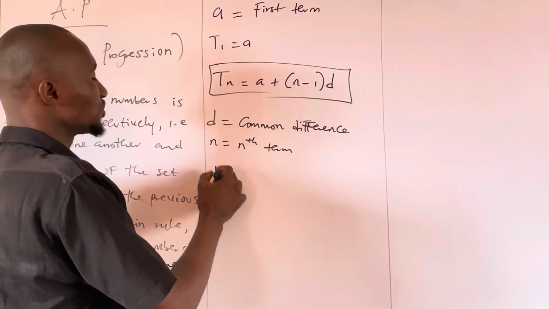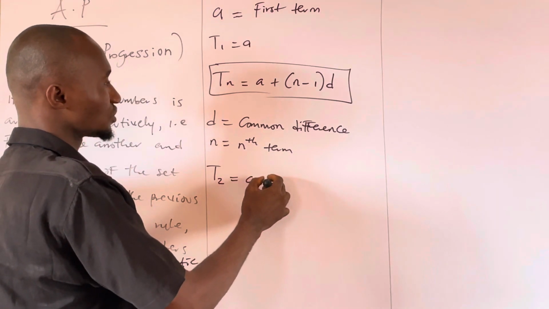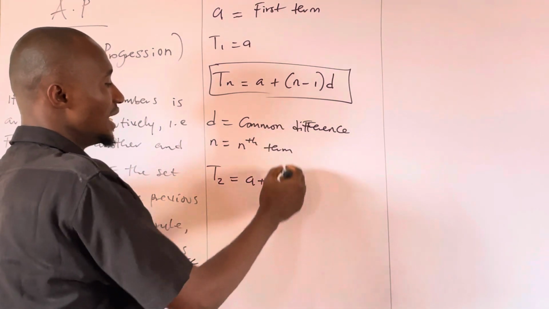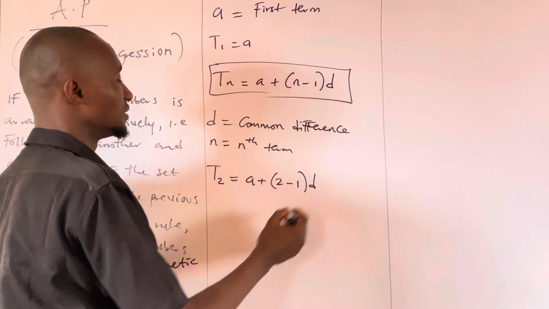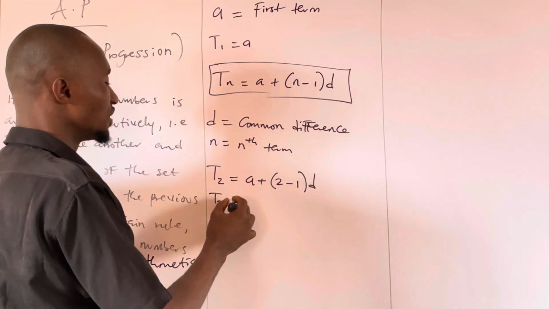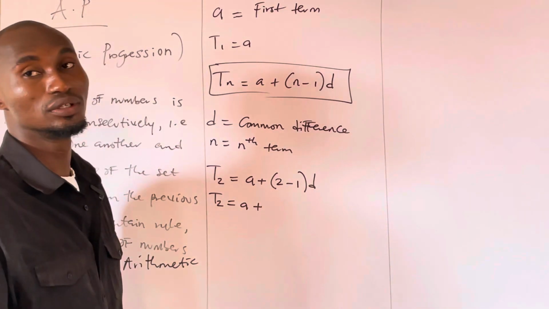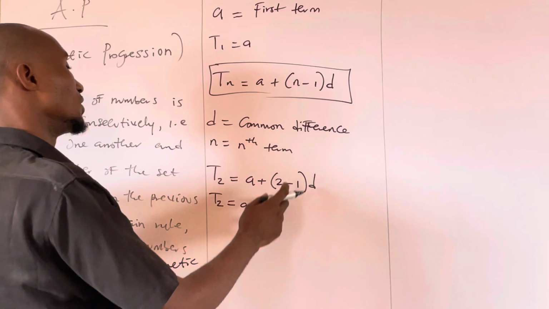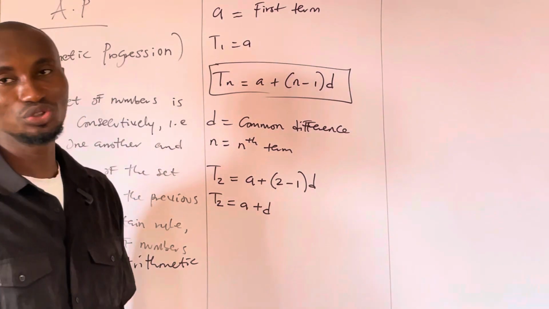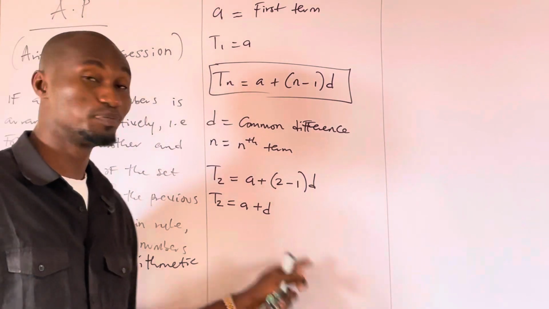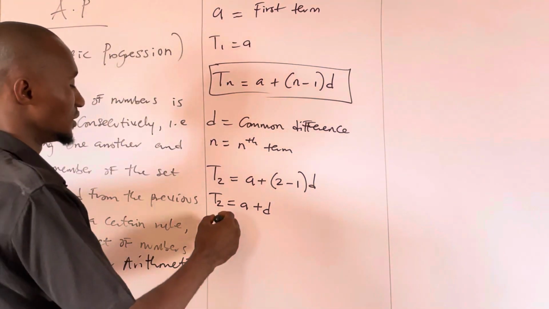For instance, if you are asked to find T2, T2 will be equals to A plus bracket n, here we put 2, minus 1 bracket D. Now T2 is equals to A plus 2 minus 1, which is 1. 1 times D will give us D. So T2 is equals to A plus D. How do you find T3?